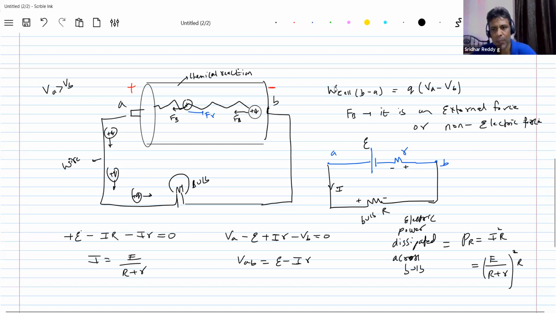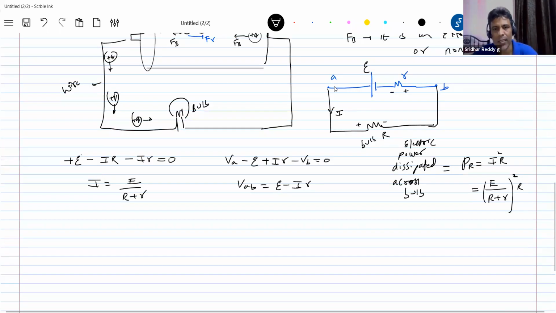Come to this. Look at the power dissipated across the bulb. It's not equal to the power generated by the cell. What is the power generated by the cell?